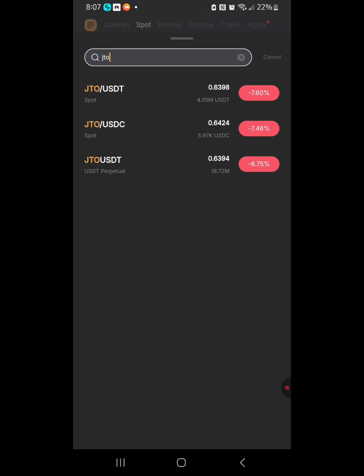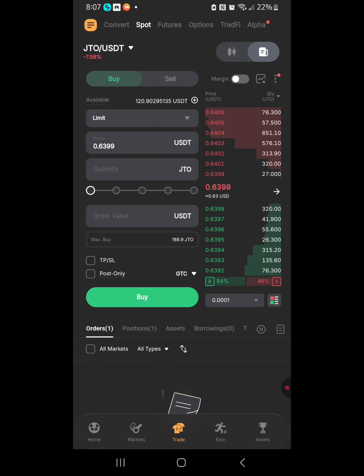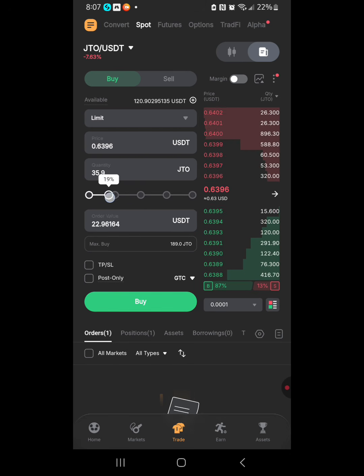Okay, so let's get into the trading section and let me show you how we can utilize this, so that we can see how to buy it and sell it pretty fast. As the opportunity says, we're going to be buying here and then we sell it the other way around.